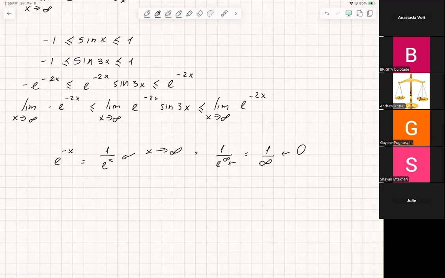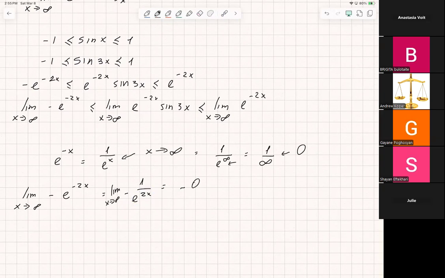So in this case, we have the limit as x approaches infinity of negative e to the -2x. That's the same thing as -1 over e to the 2x as x goes to infinity. In the denominator, we have a really big value, so the fraction itself becomes a very small value, close to 0.